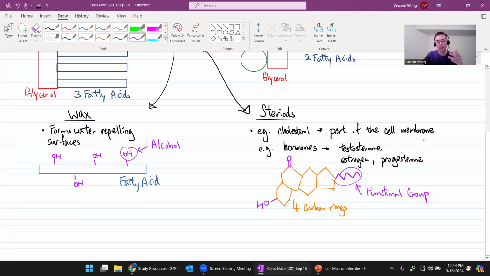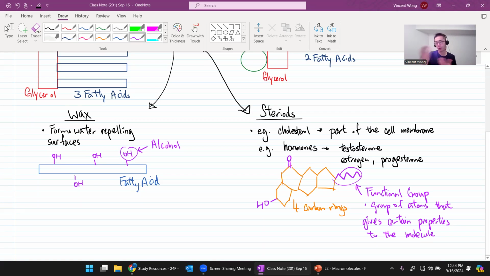But basically, functional groups are groups of atoms that give certain properties to the molecule.